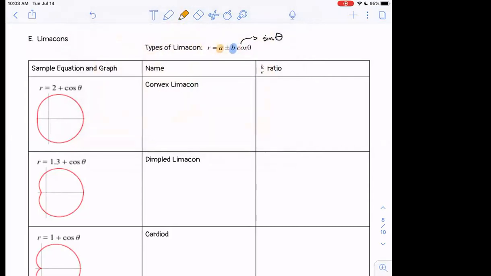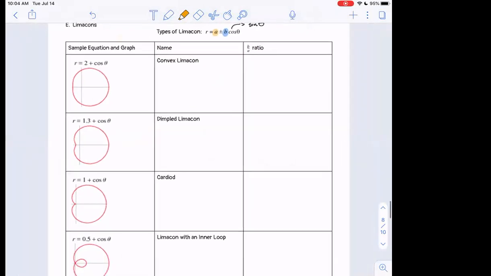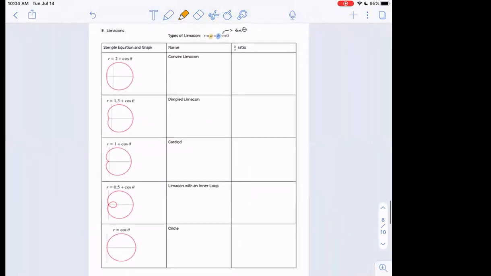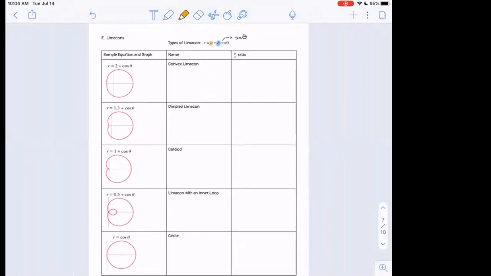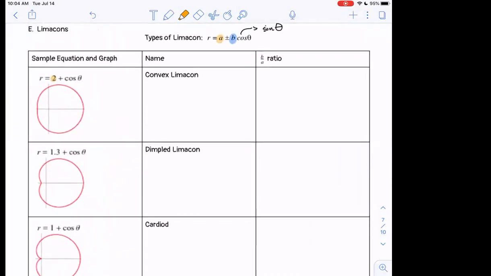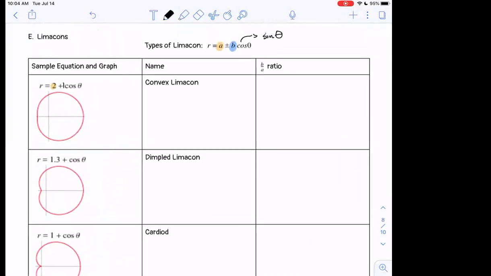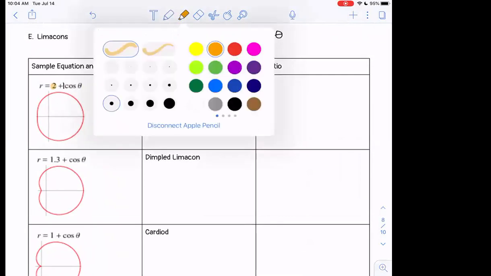And if we take a look at some of these shapes that we have here, what's really important in defining these shapes is the ratio of a to b. So if I take a look at this first one, my a value is 2. What's my b value? 1. Okay, so I'm going to put the 1 in there just so I know.